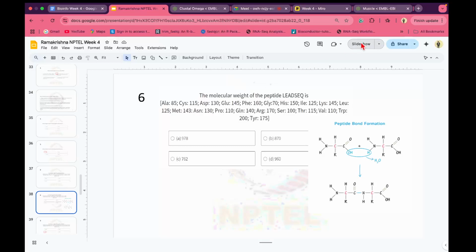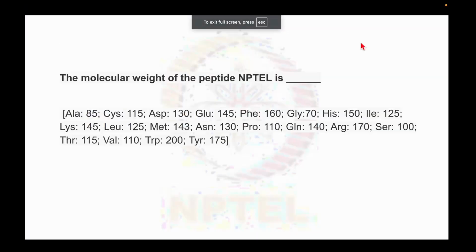So similarly, I have made one more question for practice. So this is the molecular weight of the peptide NPTEL. These are some random peptide names I have taken just for practice.